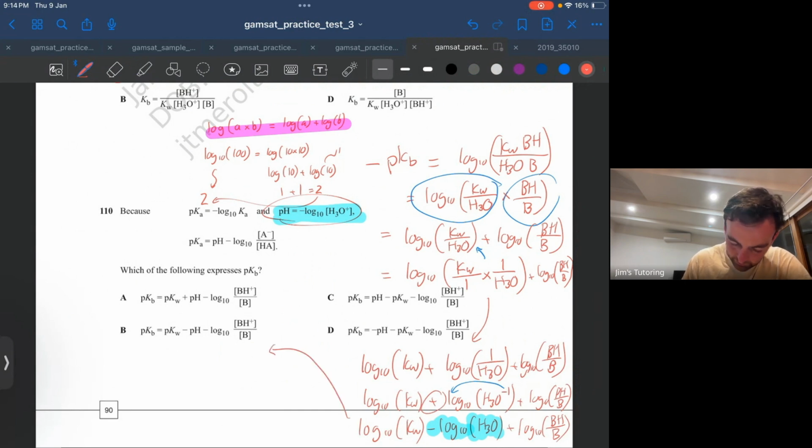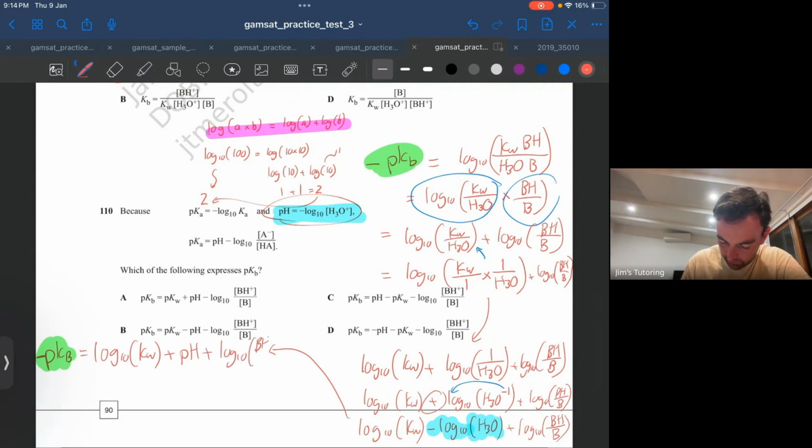So remember, this is all negative pKb equals this. So negative pKb, I'm getting all the way from the start here. I've just left it out because I'm writing too much. Equals log 10 of KW. Negative log, this is just going to become plus pH. Yeah? Plus log 10 of BH over B.